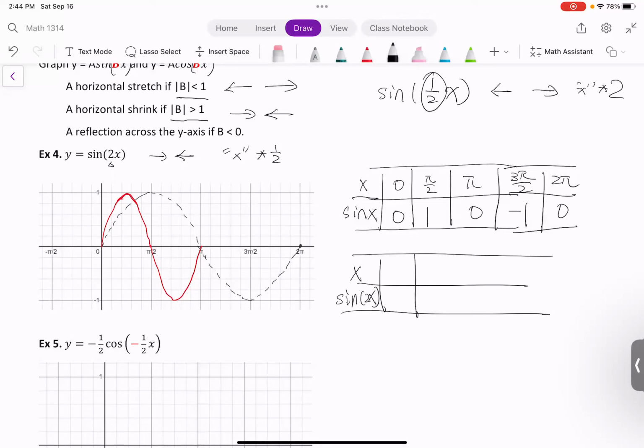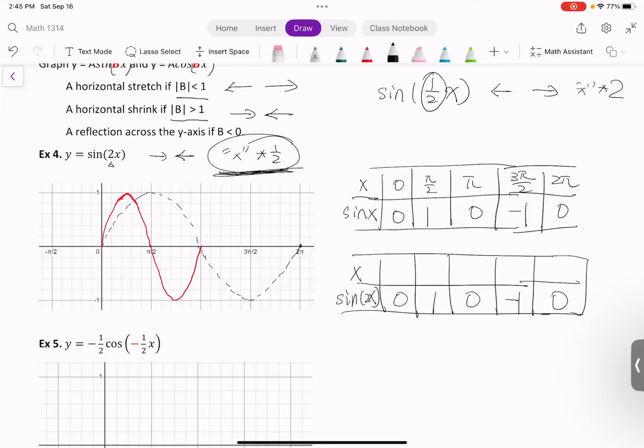So does the x change? Yes, because here the only changing thing is the x. And does the y change? No, I only have the x changed. So I can copy all the y values from the previous chart: 0, 1, 0, -1, 0. And how about x?